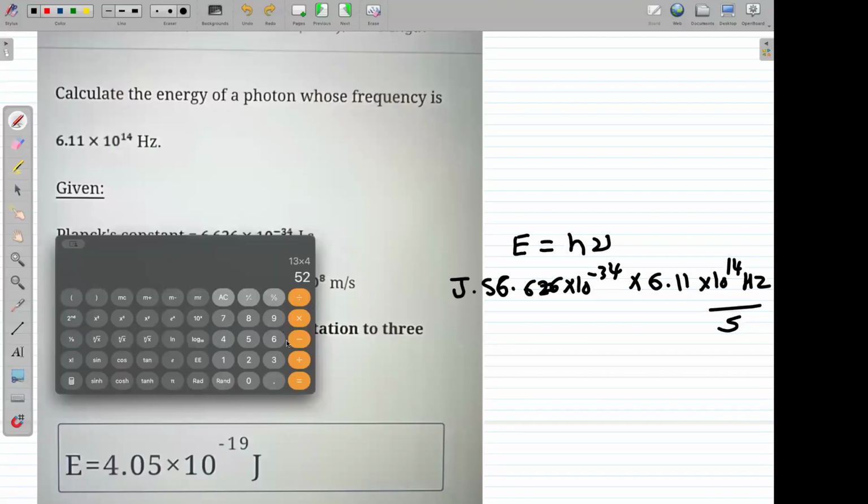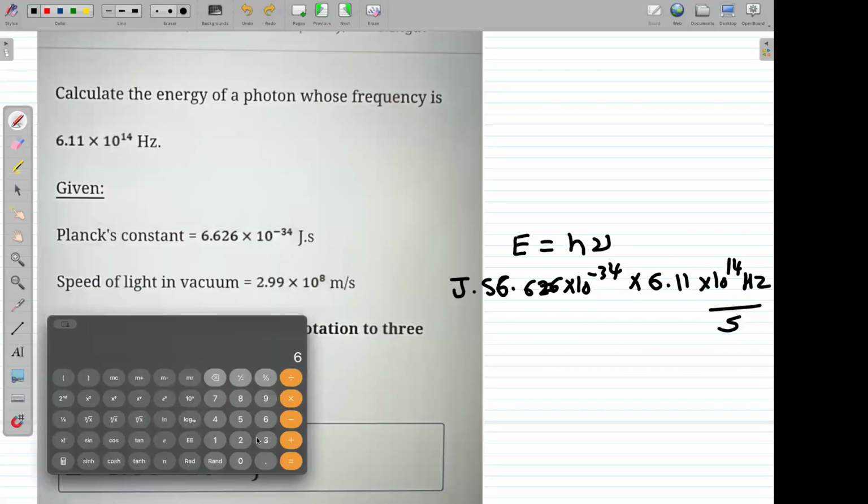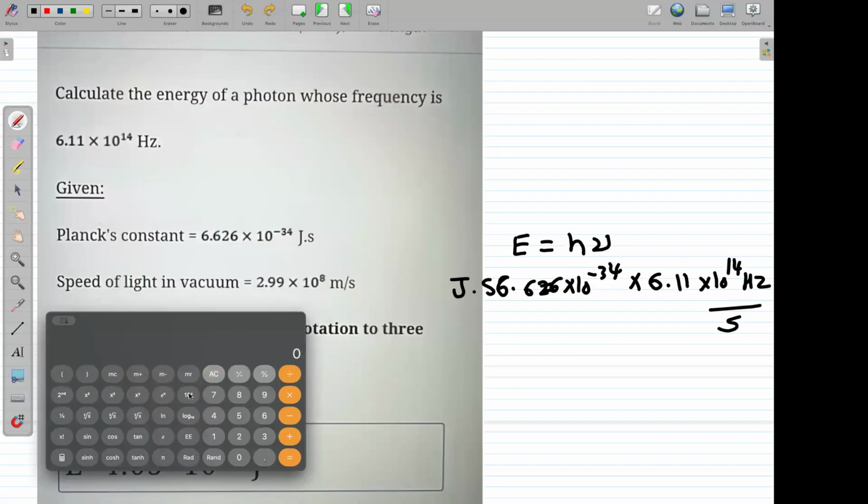So this is the calculator. Let's make a bracket: 6.626 times 10 to the power of negative 34, close the bracket, multiplied by 6.11 times 10 to the power of 14.